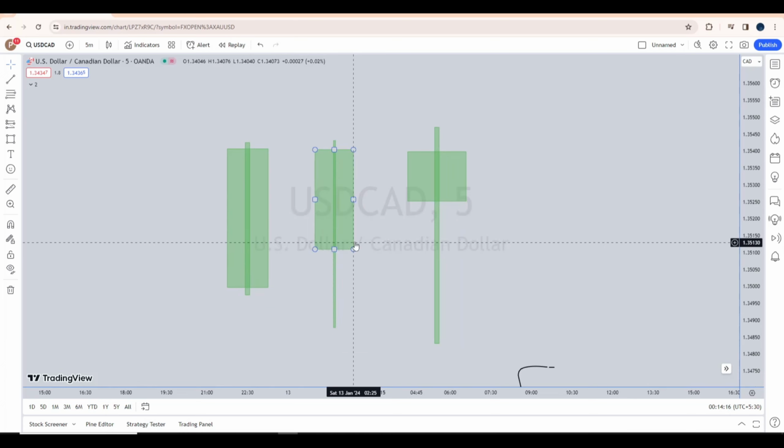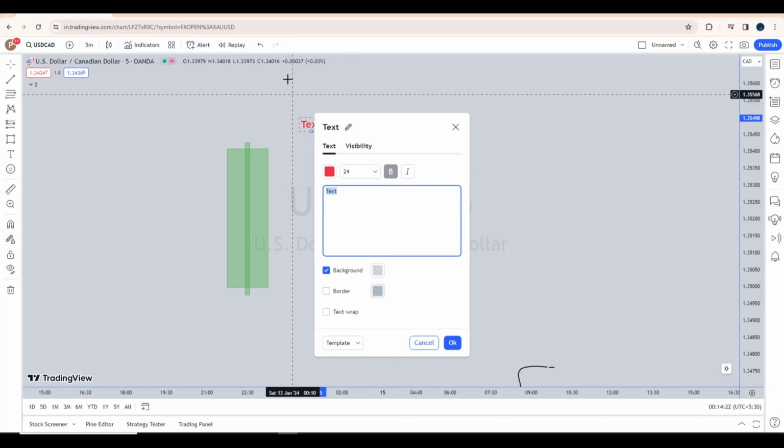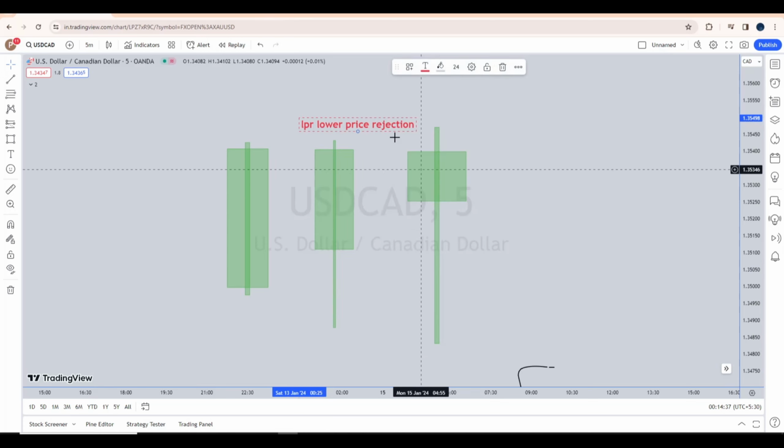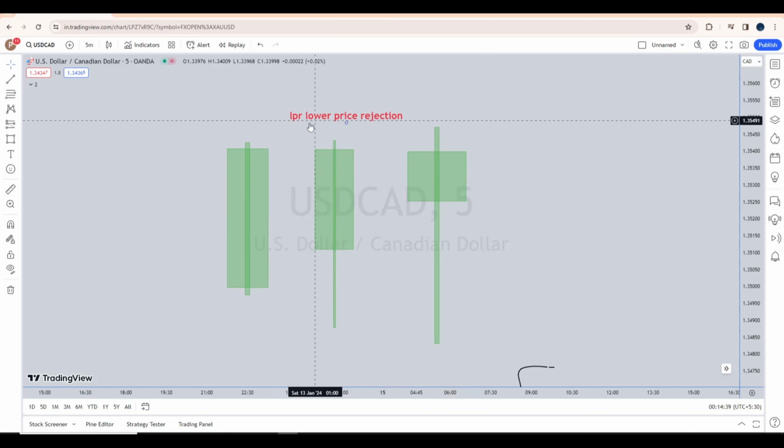Second, you will look for the LPR plus power candle. Firstly, let me explain what LPR is. LPR is lower price rejection.